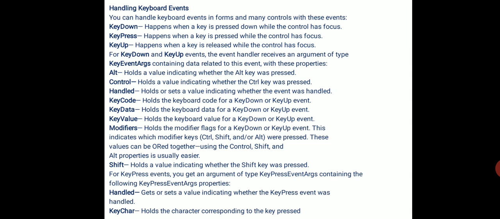See, the KeyPressEventArgs properties for key press event: Handled gets or sets a value indicating whether the key press event was handled, and KeyChar holds the character corresponding to the key pressed. So KeyChar means the character corresponding to the key pressed, which key was pressed of a keyboard. Okay, so these are all handling keyboard events.